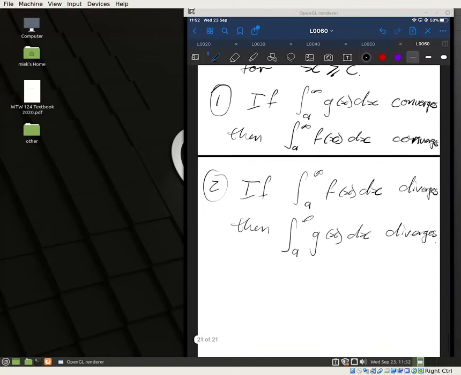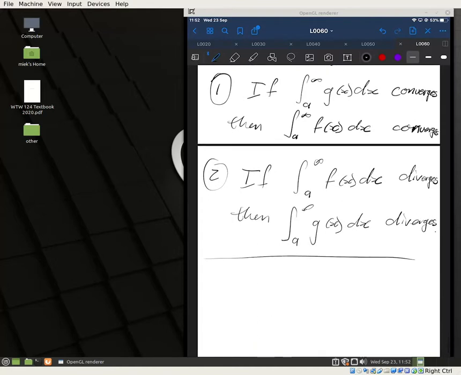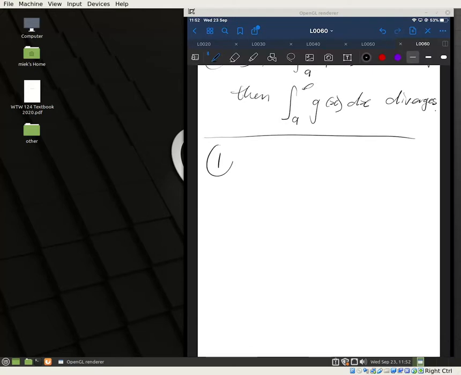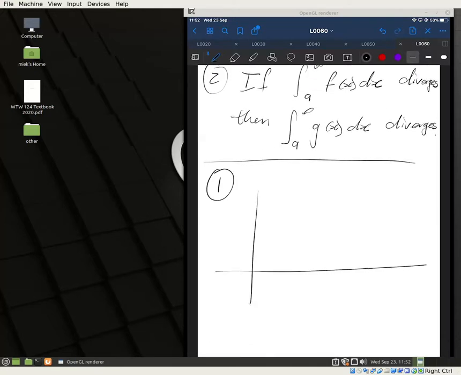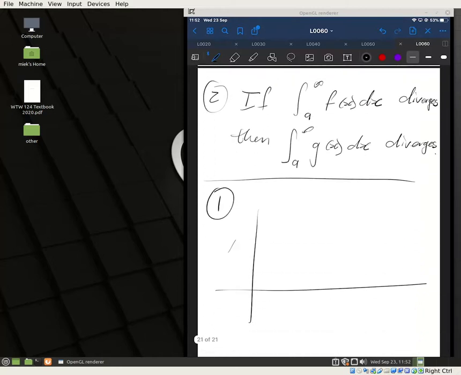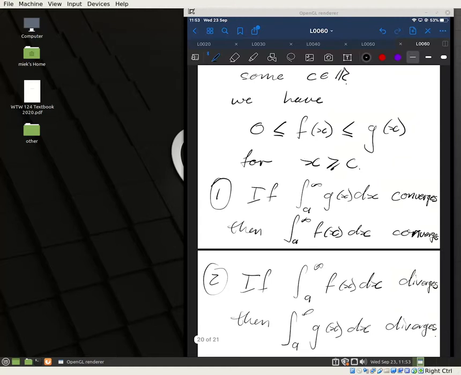Okay, so before we go on, let us discuss what this means. Let us discuss case 1. Let's say we have two functions, and from some point c onwards, g is bigger than f.